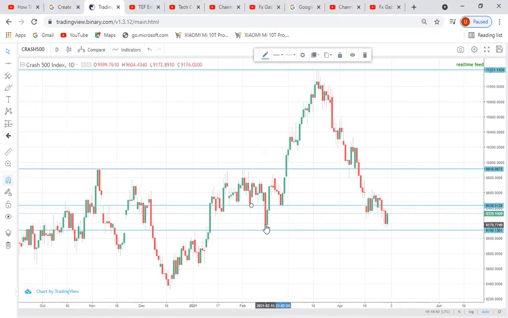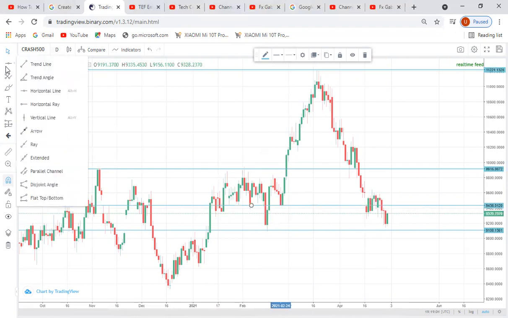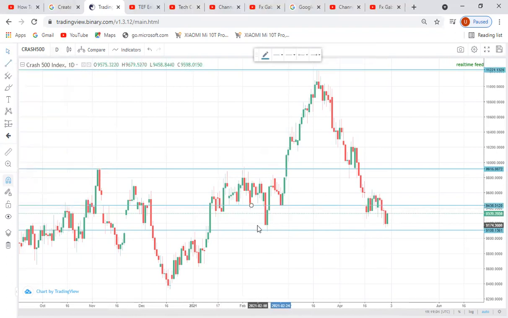Since there was a daily support here, if I want to use price action to follow this, let's say we had price moving here the first time. Remember I said whenever price breaks out of the previous support zone, if price begins to move again, it begins to react to that previous support as now a new resistance zone.